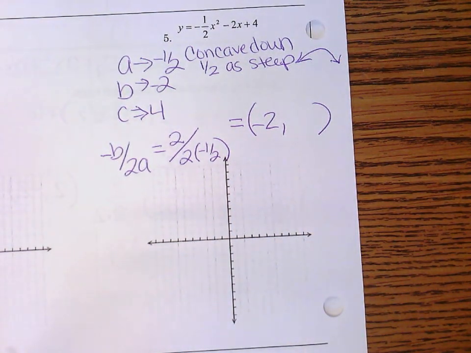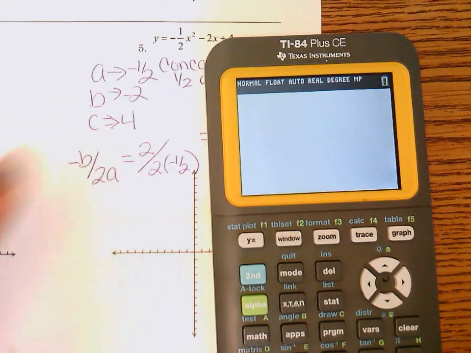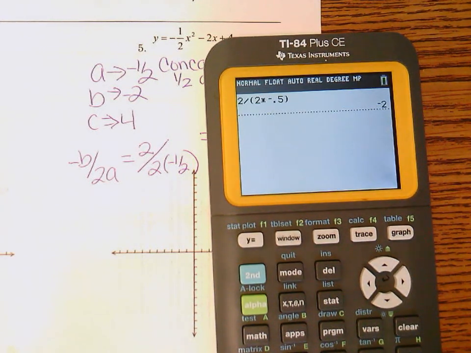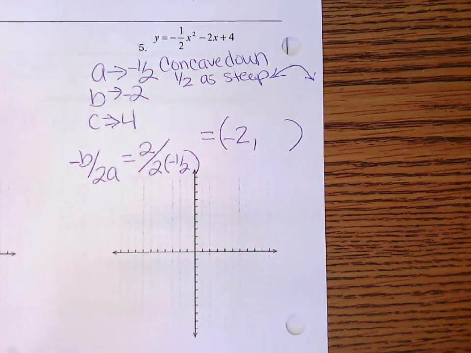And be careful, because if you're going to type this into a calculator, because I know some of you like to double check, you'd have to type 2 divided by parentheses 2 times -1/2. Because if you don't put parentheses around the denominator, it's not going to come out to the right answer.